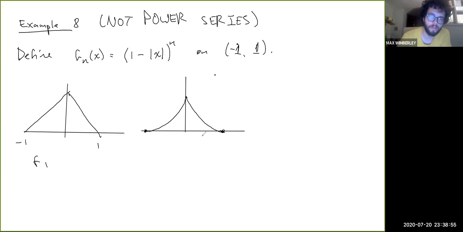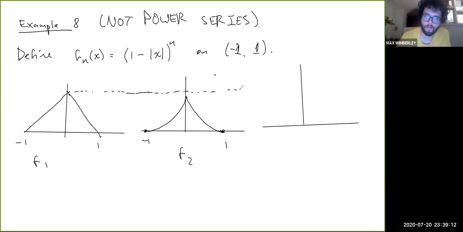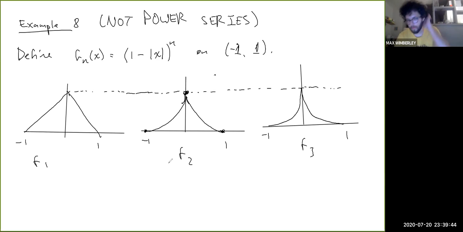This would be f2, and as you can see, with each, these are supposed to be the same value. Let's make it really bowed inwards here. So this would be f3. And so as you can see, it kind of bows inward more and more and more.